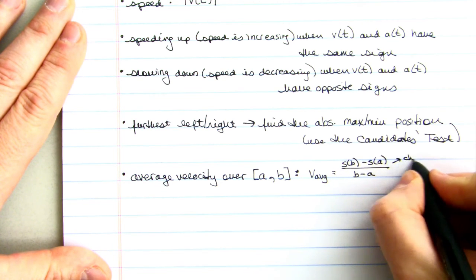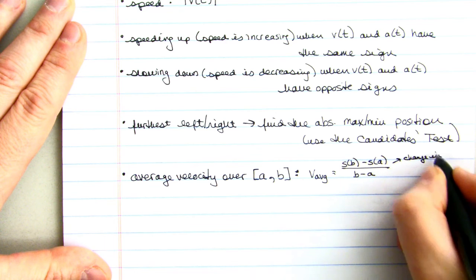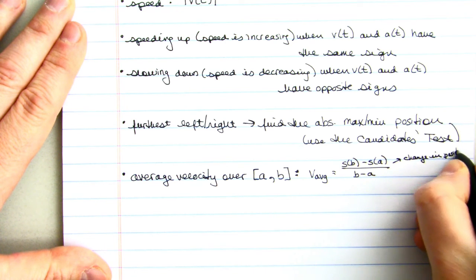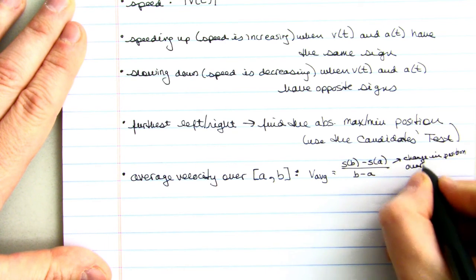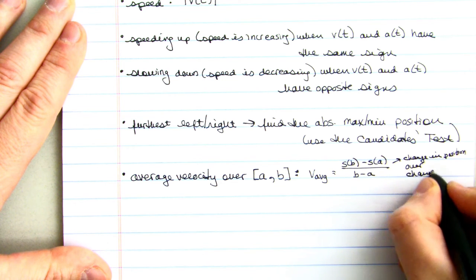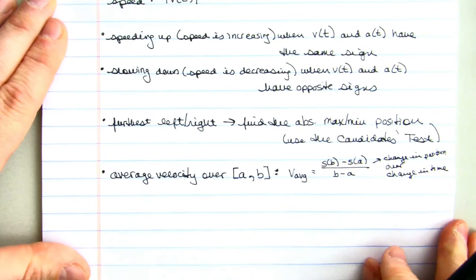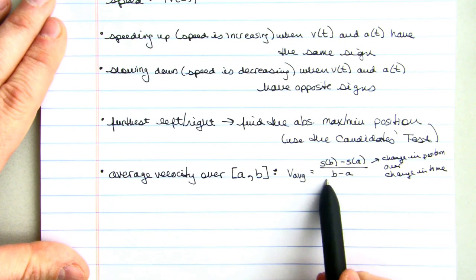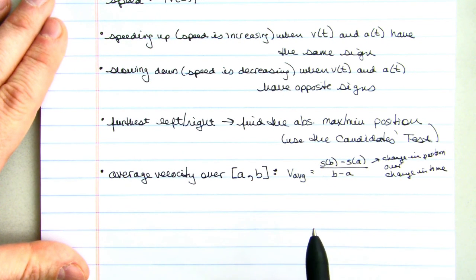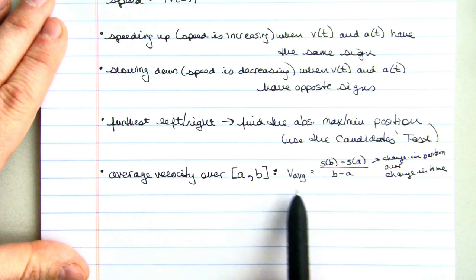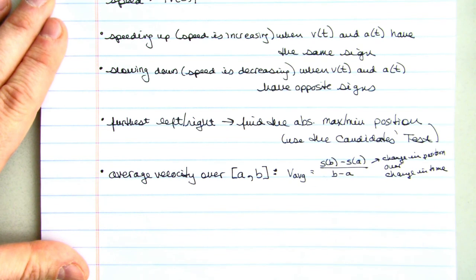This also sort of looks like our mean value theorem stuff. This is the slope of the secant line, and somewhere the slope of the tangent line has to equal that: our average velocity, change in position over the change in time.